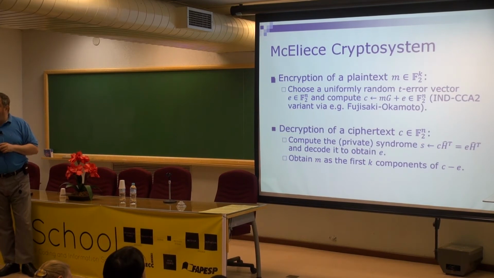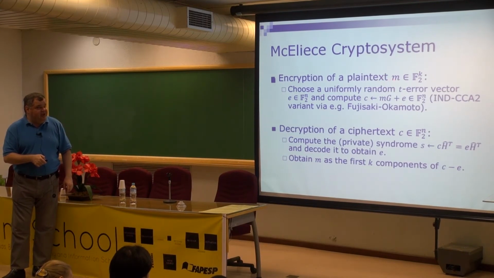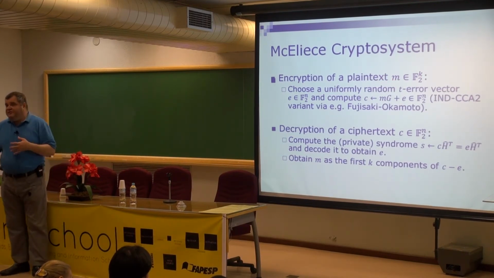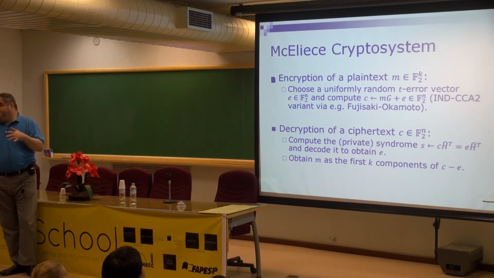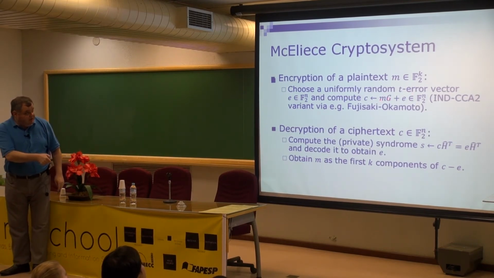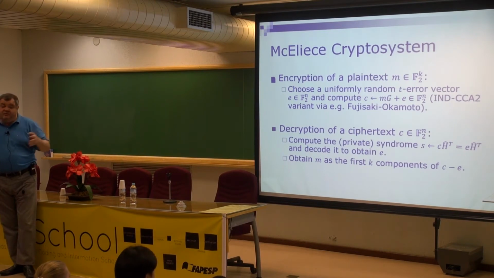Okay, so how do we encrypt? We are given a generator matrix. Assume we have a message M whose length is k bits, so it can be used to define a code word. It defines a linear combination of the rows of G. But then we choose a random error pattern E, whose weight is T. T is a parameter of the system.